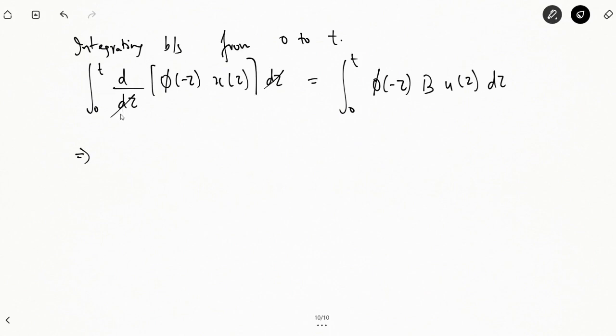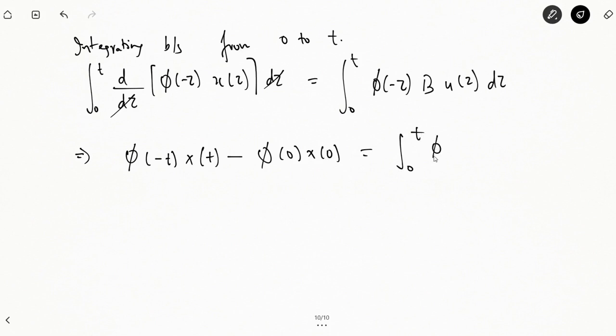So applying the limits, this is phi of minus t into x(t) minus phi of 0 x0, upper limit and then lower limit, is equal to the integral from 0 to t of phi of minus tau B u(tau) d tau.